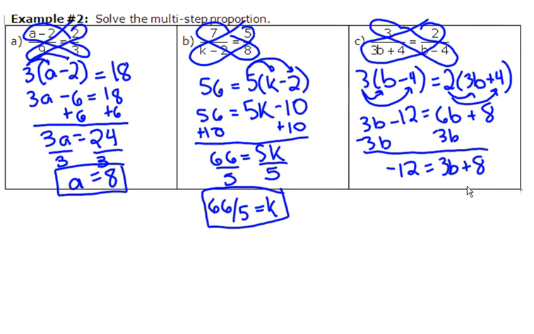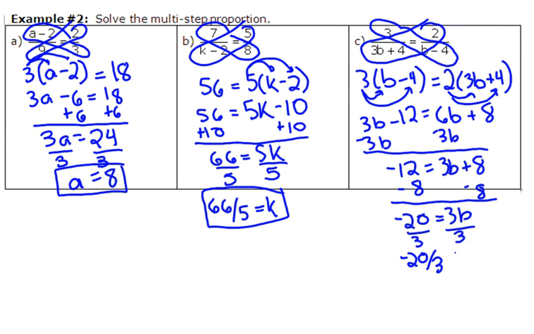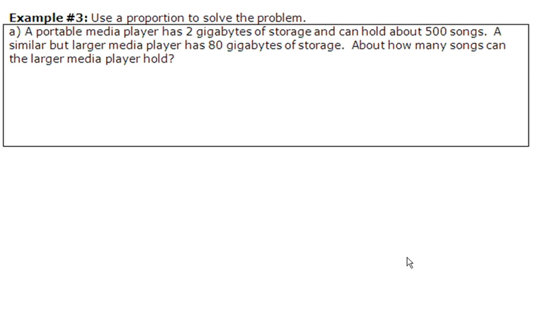So now I want to get the b alone, so I subtract 8. Negative 12 minus 8 is negative 20. And I want to solve for b, so I divide by 3. Now negative 20 divided by 3 doesn't go in evenly, so I just write it as a fraction, negative 20 over 3. Now there's one last example that puts this into context.